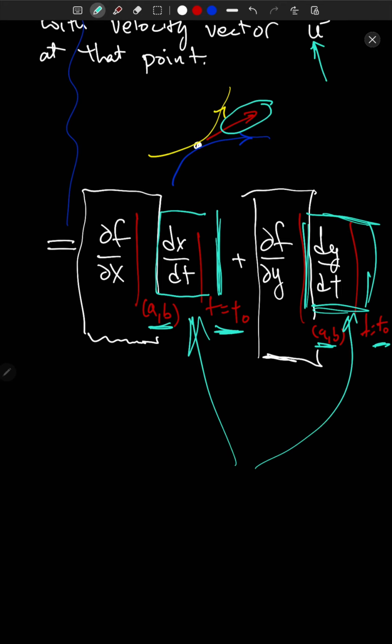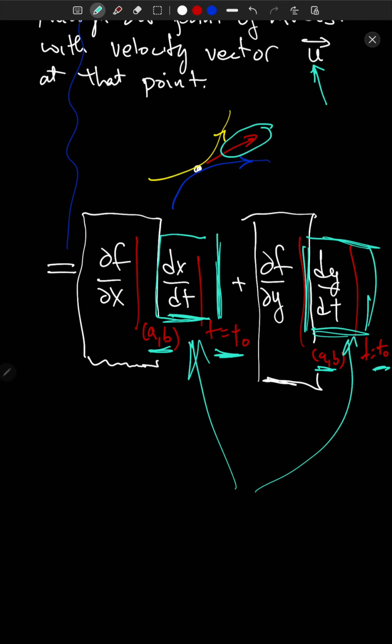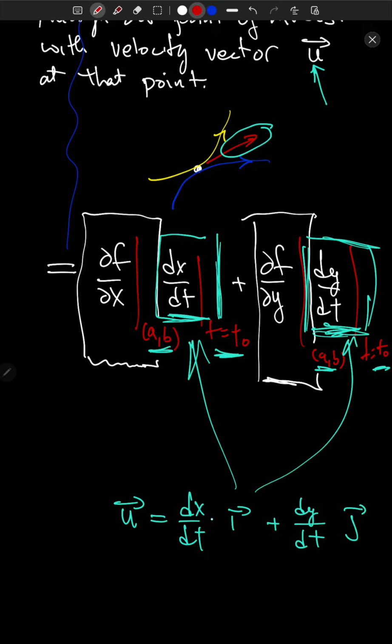So dx dt and dy dt together is actually u. So u is equal to dx dt i plus dy dt j. And again, this is happening at our point of interest.